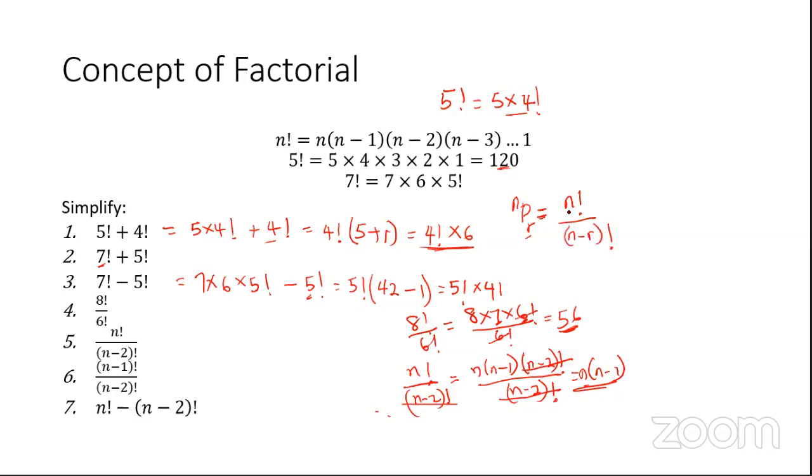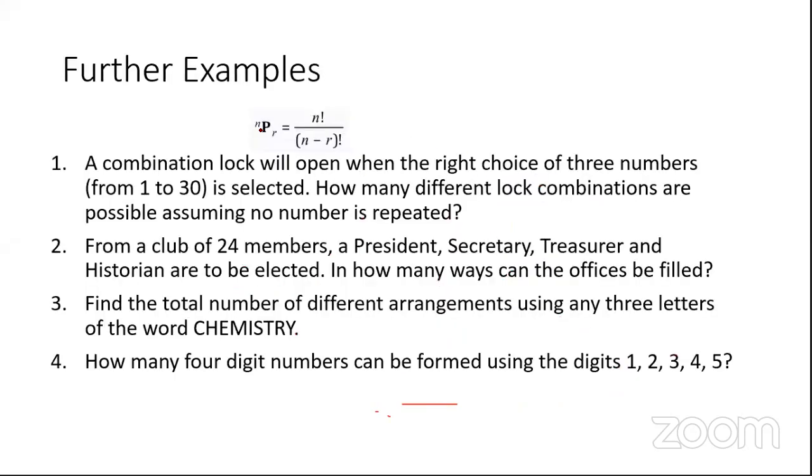Since we have learned the concept of factorial now, it will be very easy for us to apply this formula, which we are going to use in the next slide. So this is the formula. N permutation R equals N factorial over N minus R factorial.